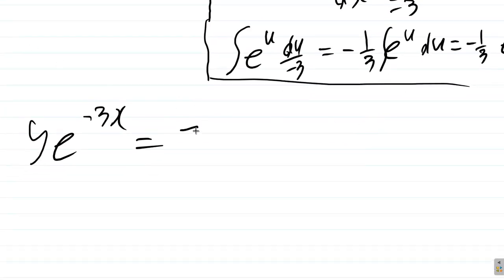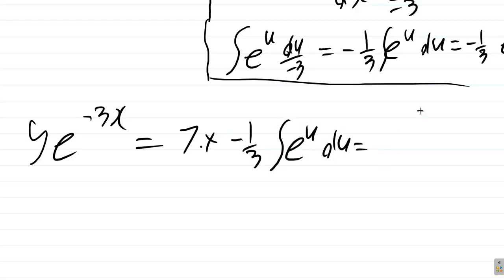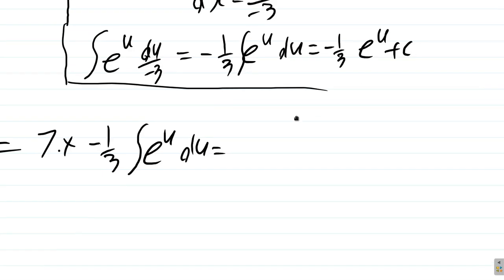So it's going to be 7 multiplied by negative 1/3 integral of e to the u du, which is, oh, I worked it out already.